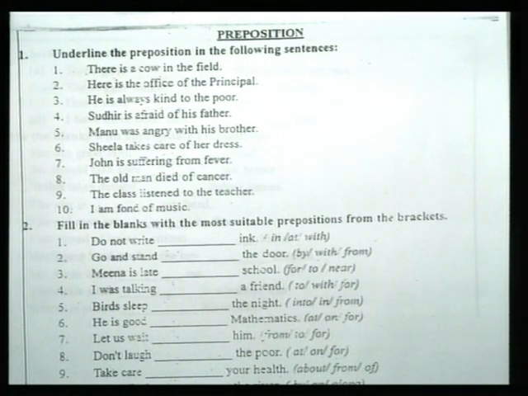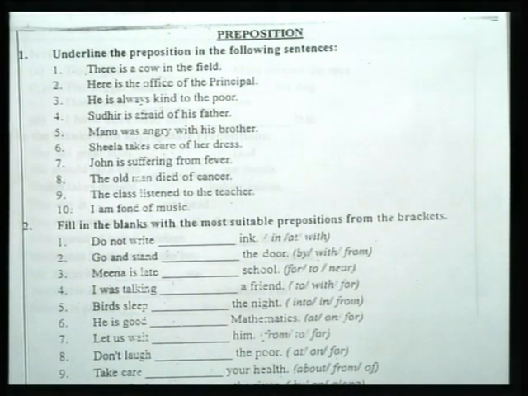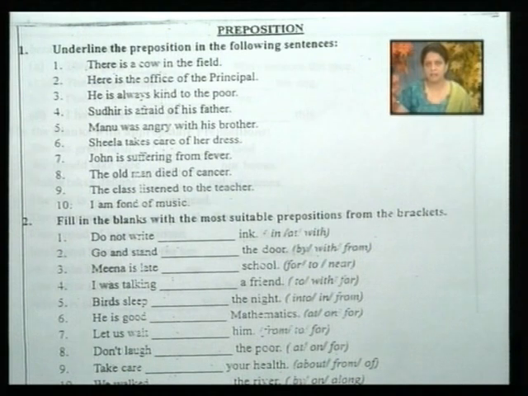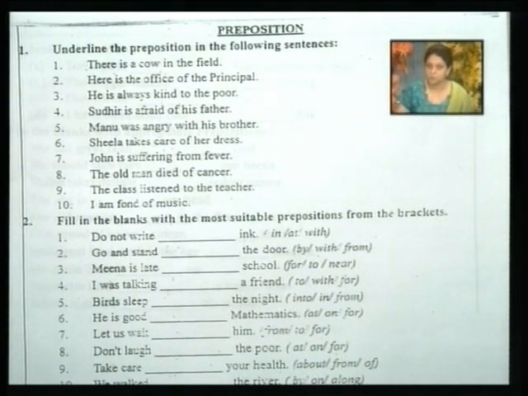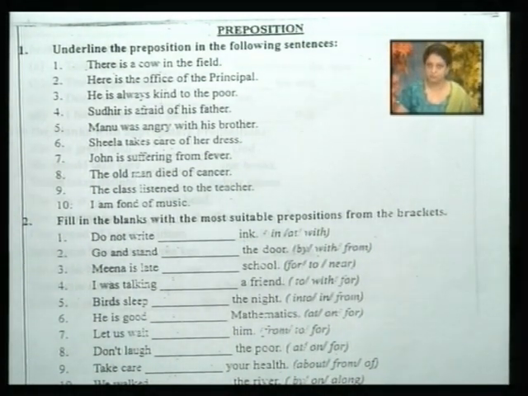Next, here is the office of the principal. So here the preposition is of. Next, he is always kind to the poor. The preposition here is to. Next, Sudhir is afraid of his father.